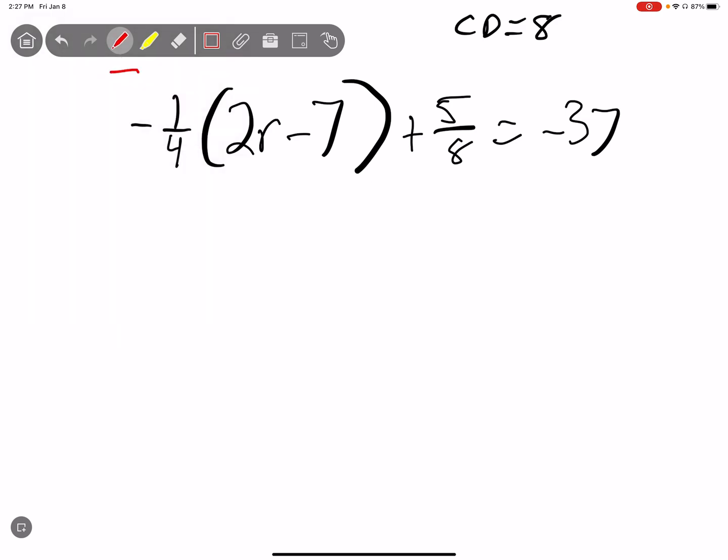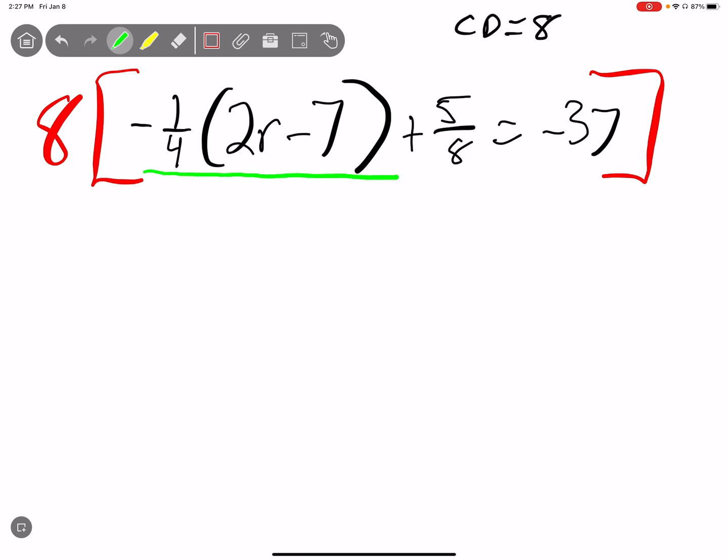That means I'm going to multiply each term by 8. Well, I'm going to identify those terms right now. My first term is all this, negative 1/4 times (2r minus 7), okay? Because remember, terms are separated by addition or subtraction.